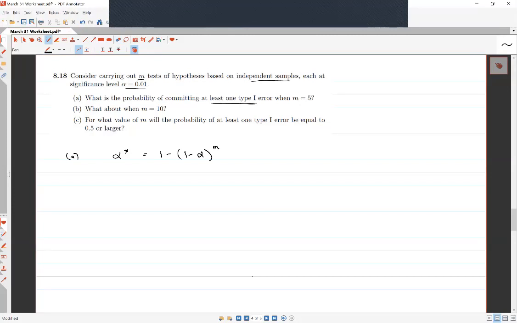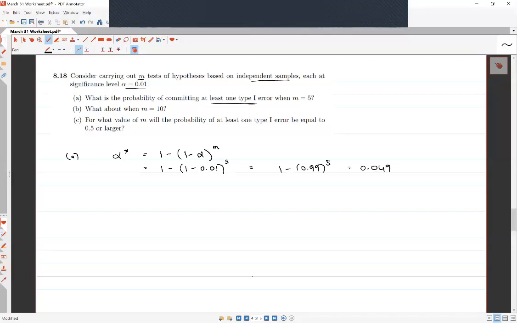So alpha is the individual test level, m is the number of tests. If I just sub in these quantities and evaluate this expression, we'll get 0.049.